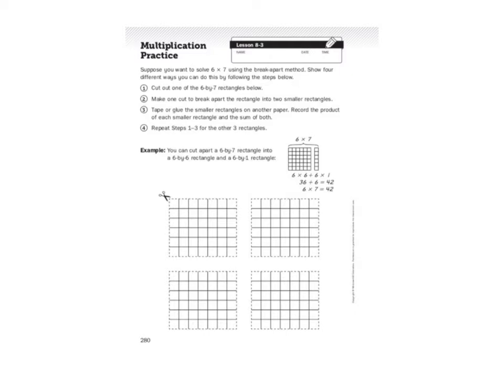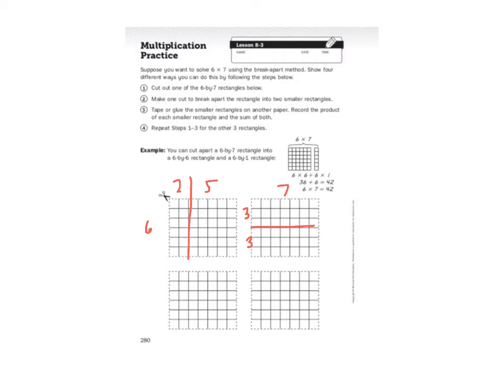So one way that we could break this apart is right here, so that on the 7 side, this is 6, and I have a 2 and a 5. I could break it apart like this. On the 6 side, I have a 3 and a 3, and then I still have 7 up there.